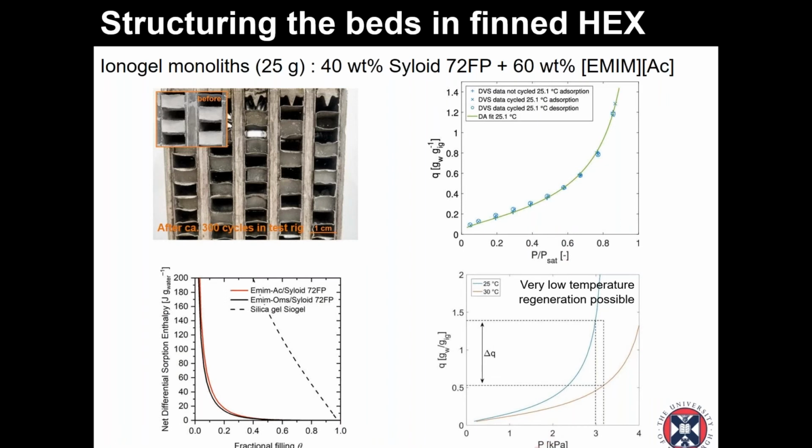and we realize that we have a significant working capacity even at the low regeneration temperature. You see the cooling is set at 25, the heating of the material is 30, so just 5 Celsius degrees would be enough to give us a large working capacity.